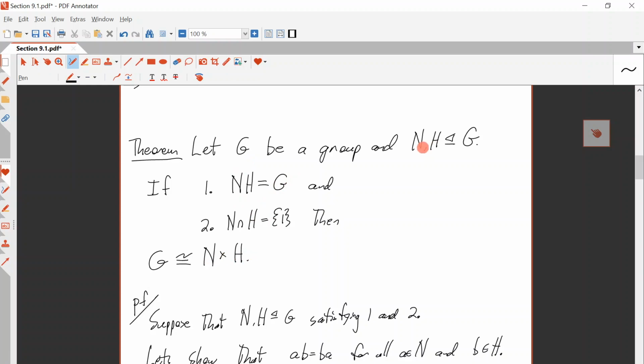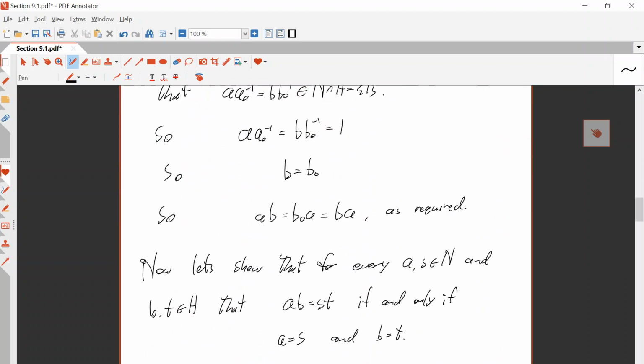Okay, first you have to have two normal subgroups in G, whose product is all of G, and whose intersection is just one. Okay? Now, before we do an example of that, let's explore this condition a little bit.